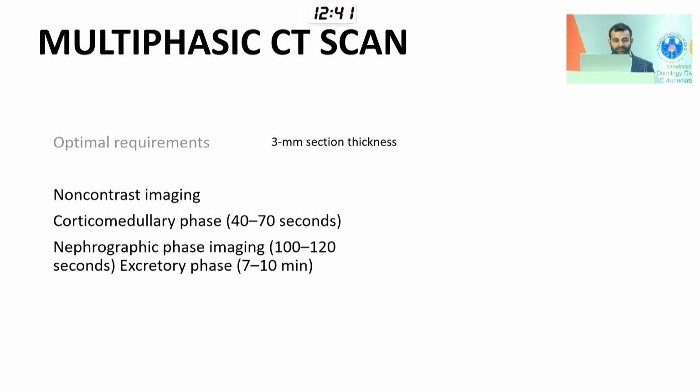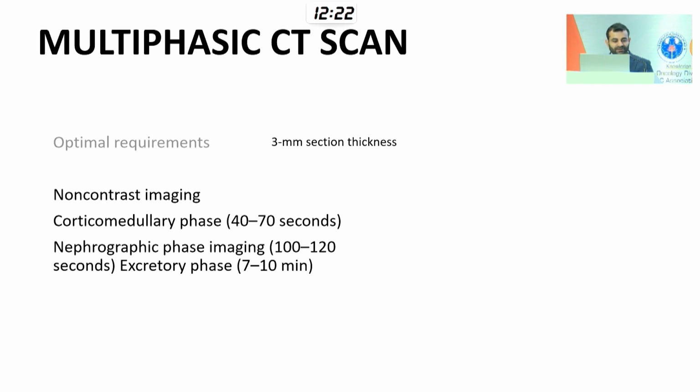There are certain optimal criteria which are required to be met when a patient undergoes CT scan for renal mass evaluation. First of all, the sections should be very thin, about 2 to 3 mm in thickness, and a multiphasic scan is required, the first of which is non-contrast imaging.